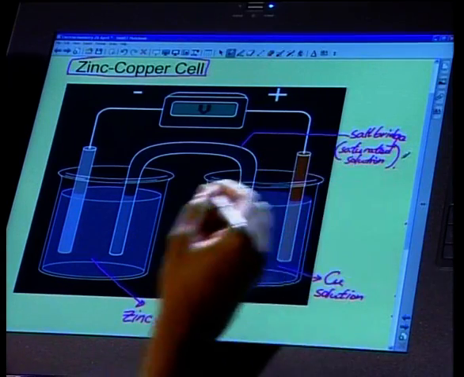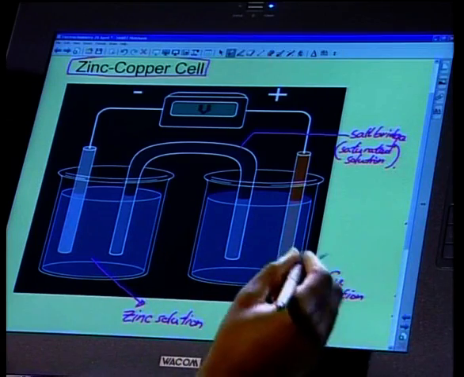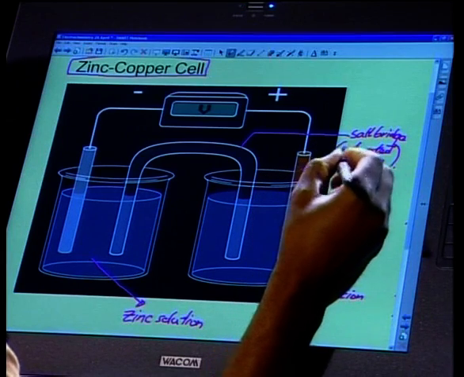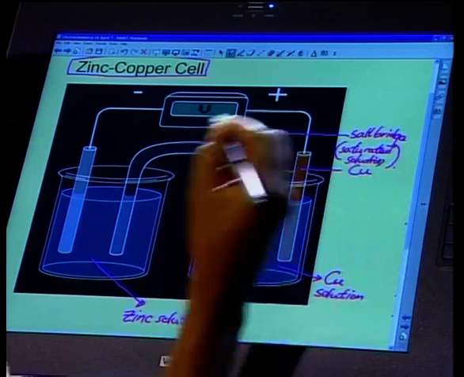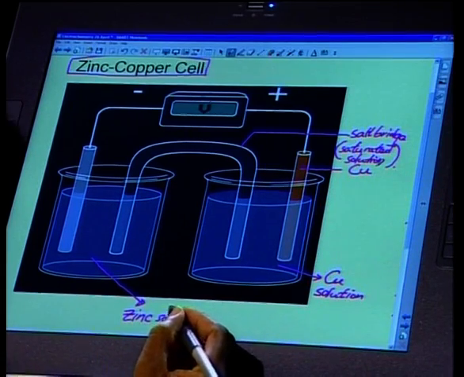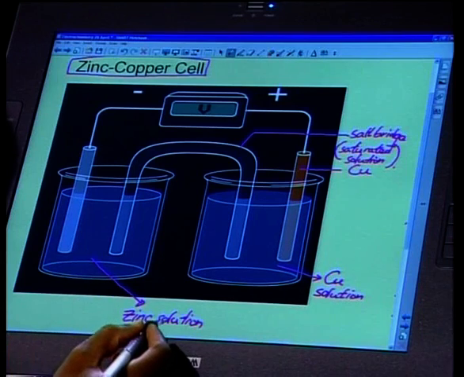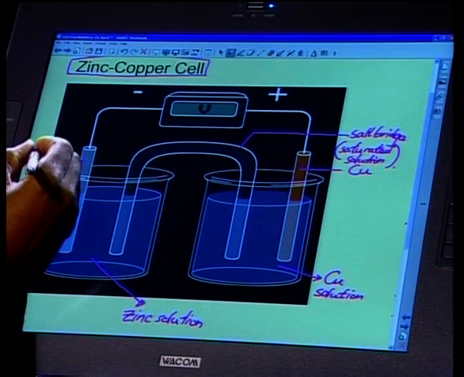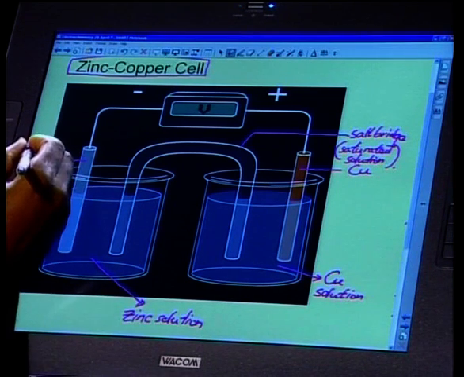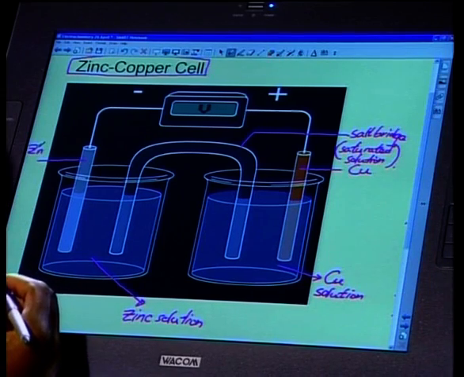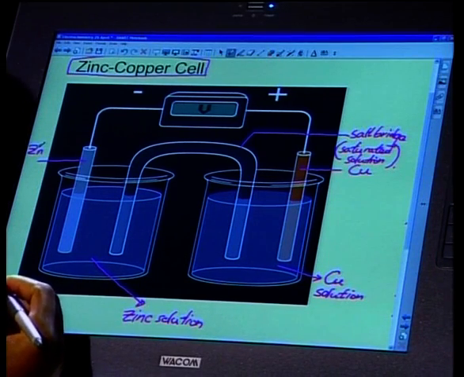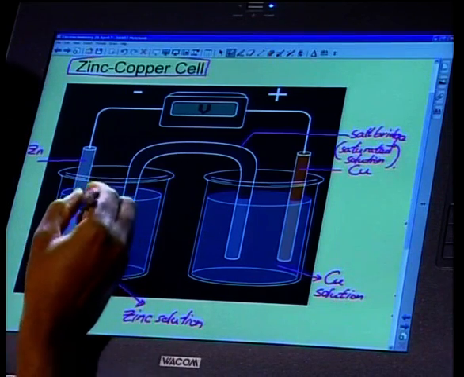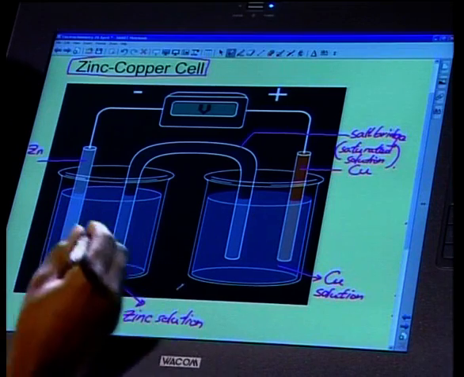And then on that side, we've got a copper solution. It would mean that this electrode is therefore an electrode of copper. In the same way, here we've got a zinc solution on the left side, so this electrode will be an electrode of zinc, a metal made of zinc. And when we say we've got zinc solution, what do we mean?